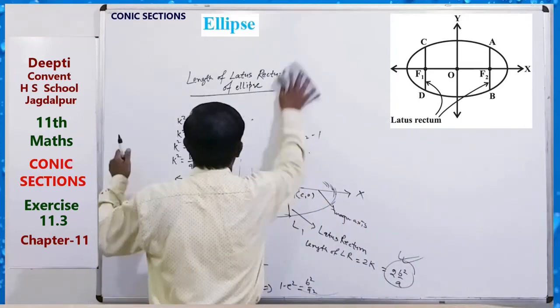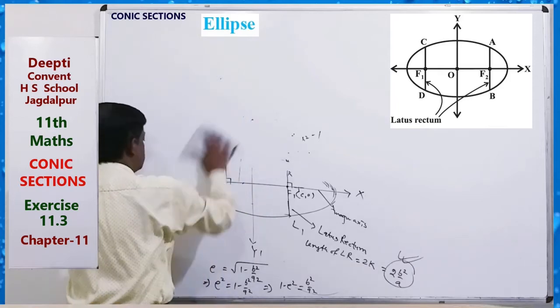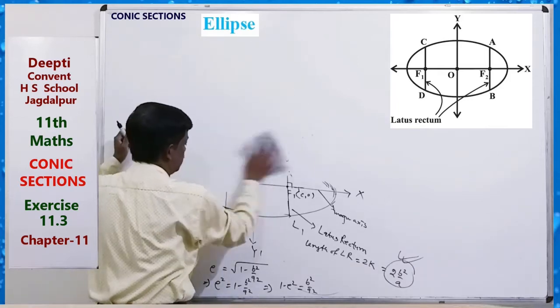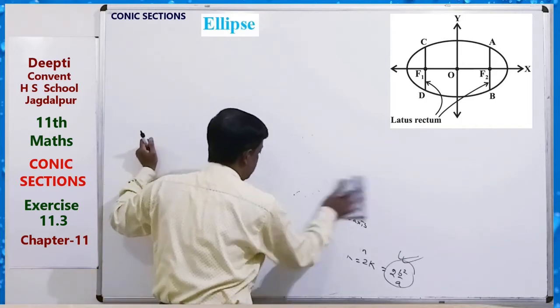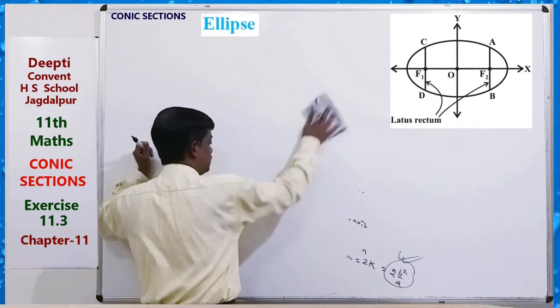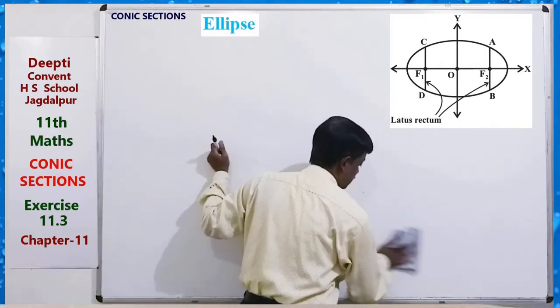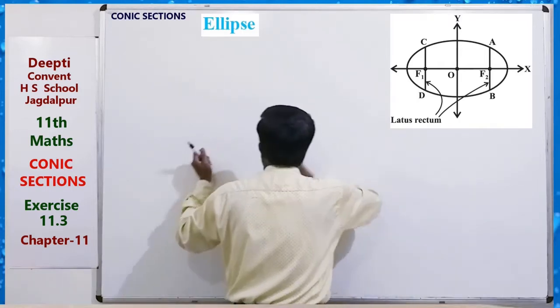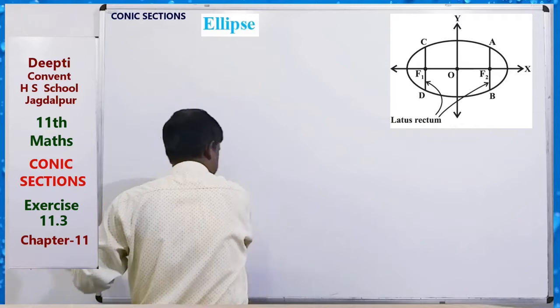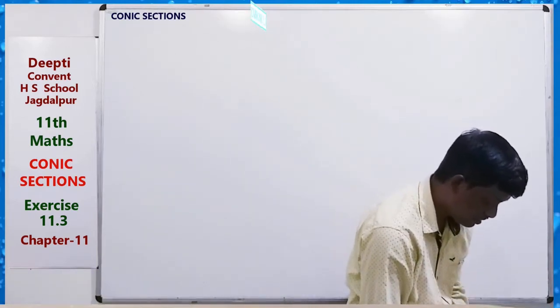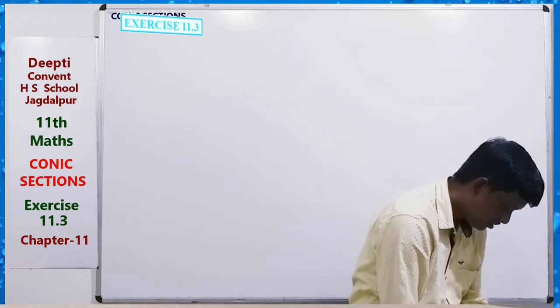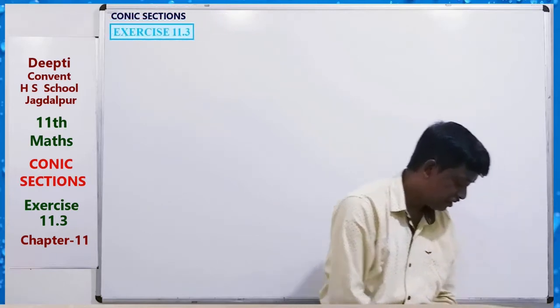Now we will solve some questions from exercise 11.3. So very simple questions are there. I will give a short discussion of all the questions and you have to write in your copy in details. So let us start from question 1.